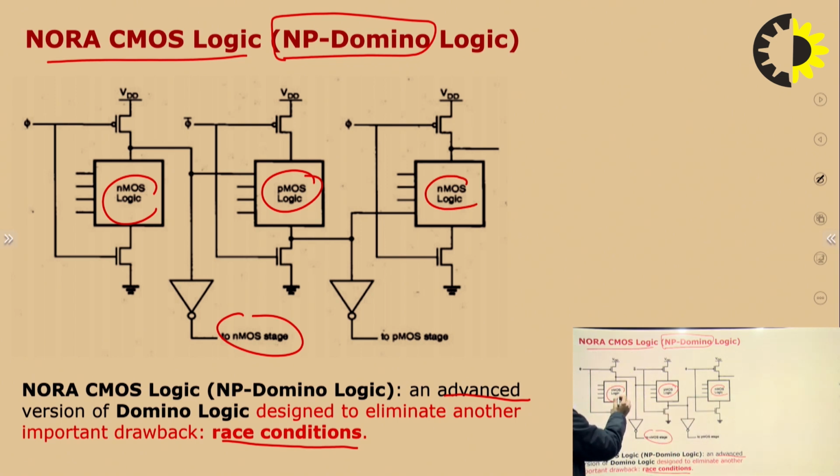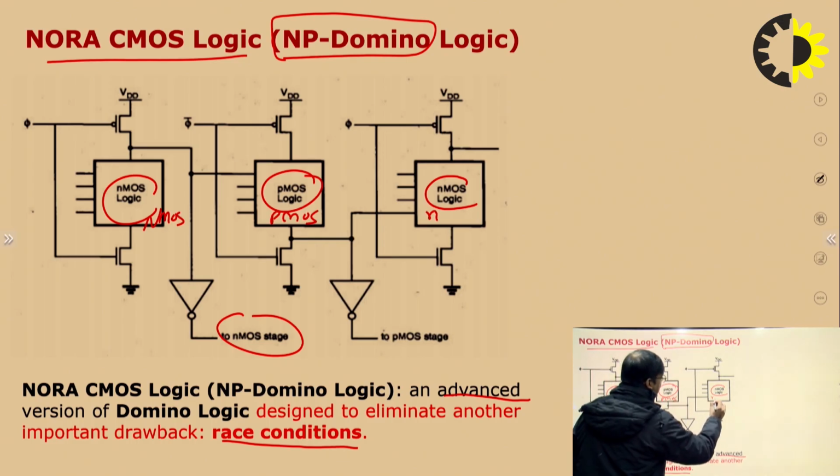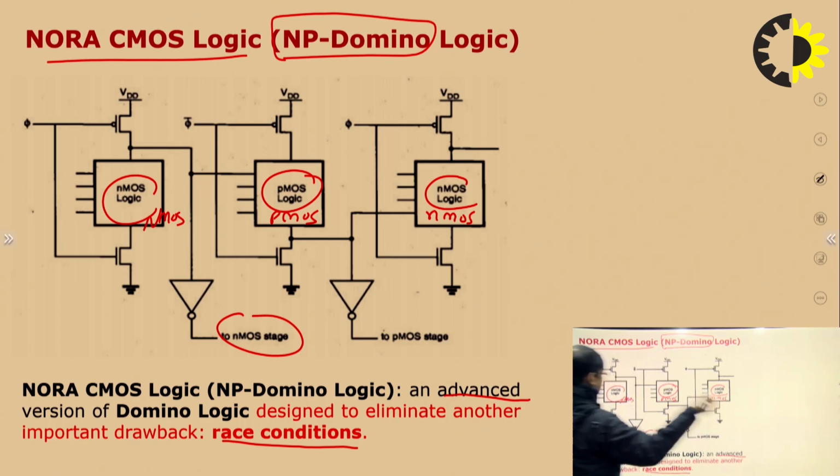The first stage will have NMOS, the second stage will have PMOS, the third stage will have NMOS again, and like that. So there is a pull down network in the first stage, a pull up network in the second stage, then again a pull down network in the third stage, and so on. So this NORA CMOS logic is known as the advanced version of domino logic, which is used to eliminate the race around condition in dynamic logic circuits.